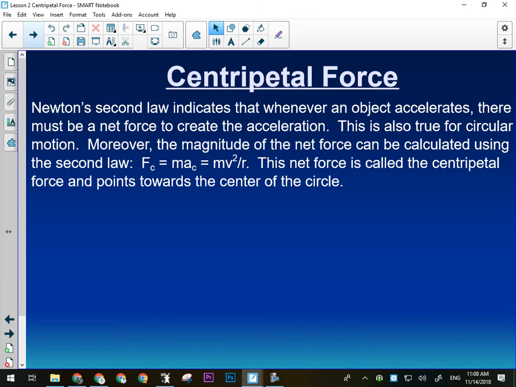So Newton's second law tells us that we can calculate net force by mass times acceleration. Well, we learned in the last lesson that centripetal acceleration is v squared over r. So if I want to calculate the net force in a circle, I take mass and multiply it by the centripetal acceleration.